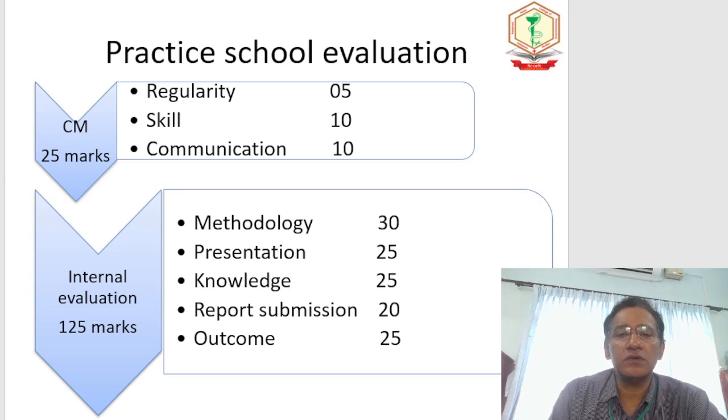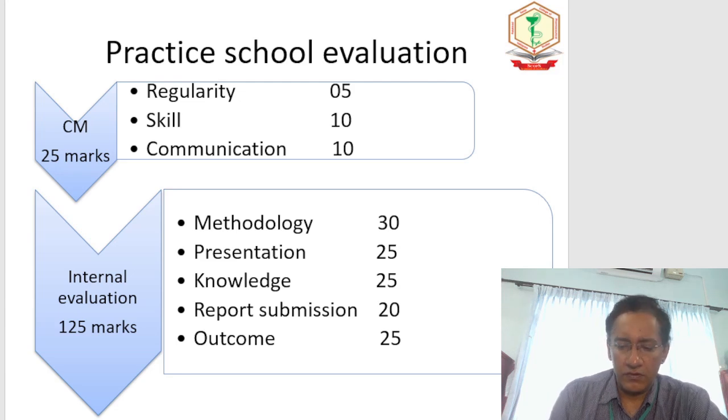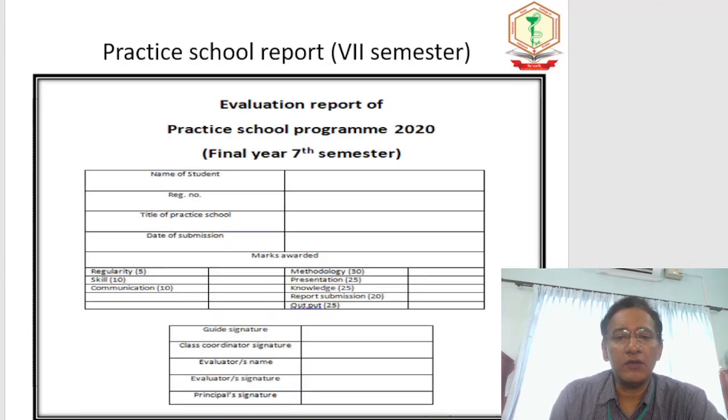And ultimately, in what way it has been outsourced, how the practice school was beneficial for the society, how many presentations have been made based on this particular practice school, whether any articles have been published. So these are the outcomes of practice school. Based on that, the student will be evaluated, and in a format like this.